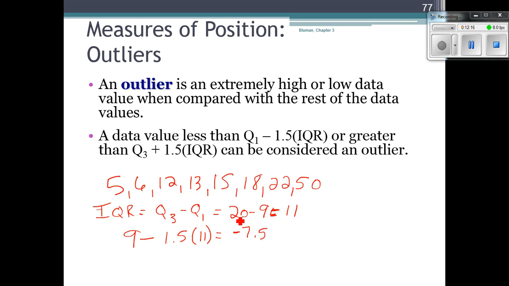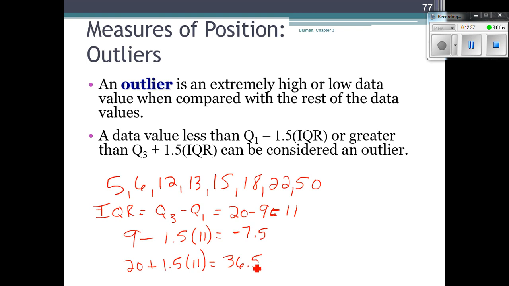And then we're going to take quartile 3, which is 20, and add 1.5 of 11. Remember, 1.5 of 11 is 16.5. 20 plus 16.5 is 36.5.